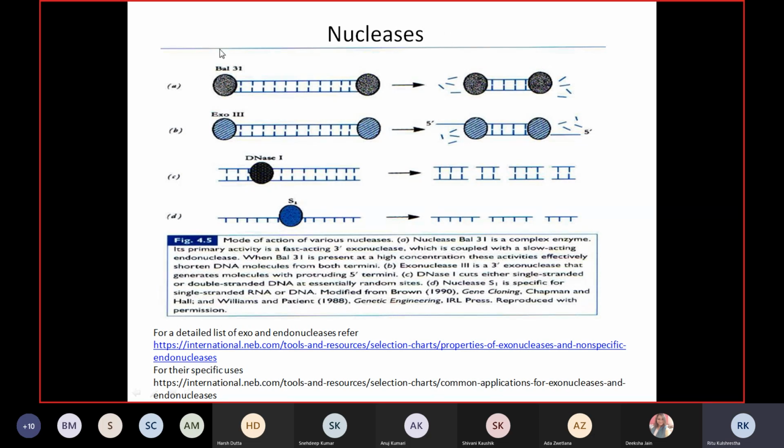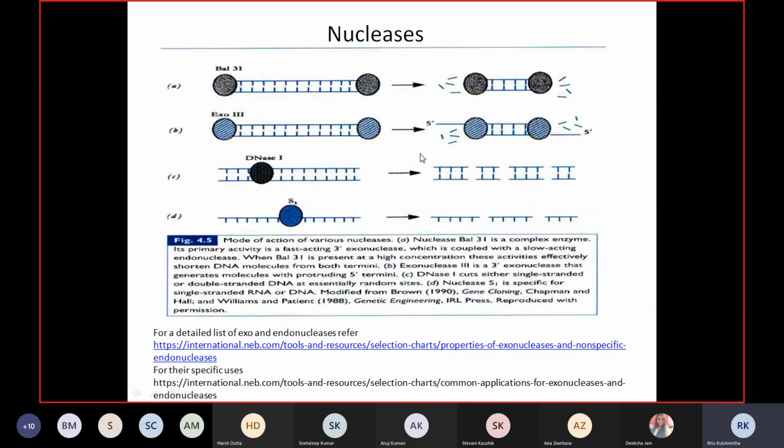Again, a recap and some examples of the various nucleases that we have just talked about. For example, BAL31 cuts from the ends. It's an exonuclease and it acts from both sides. Then exonuclease 3 acts from 3' to 5' on one of the strands, so it generates 5' overhangs. Then DNase 1 is an endonuclease.